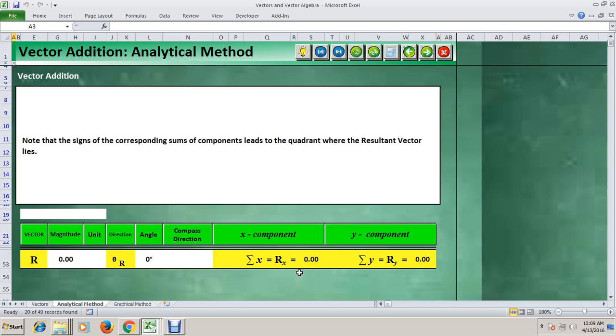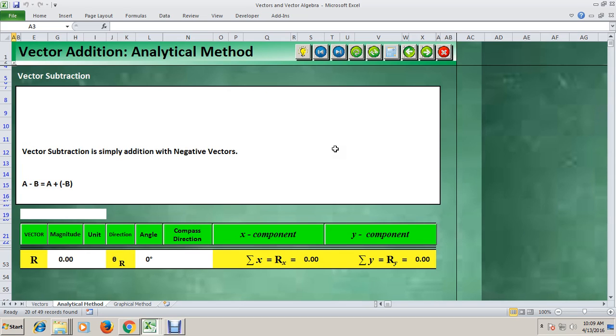Now, for example, if the resulting sum is negative x and also negative y, then this is negative, negative, which means your resultant vector would be on the third quadrant. Later on, we will be detailing this idea using examples.